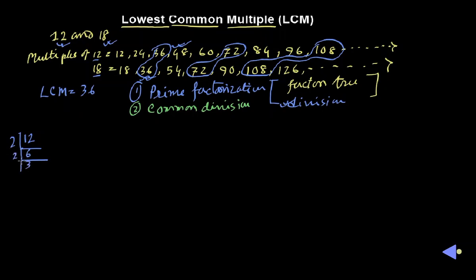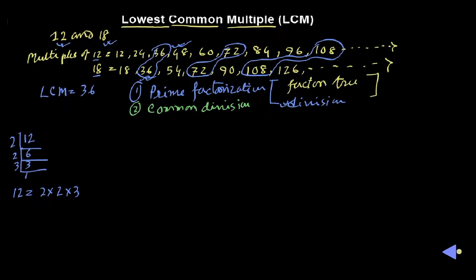It is 3. 3 is not divisible by 2, but it is divisible by 3, and we get 1, with no remainder. If we collect those prime numbers, we can write the product of those prime numbers: 2 times 2 times 3. That is the prime factorization of 12.